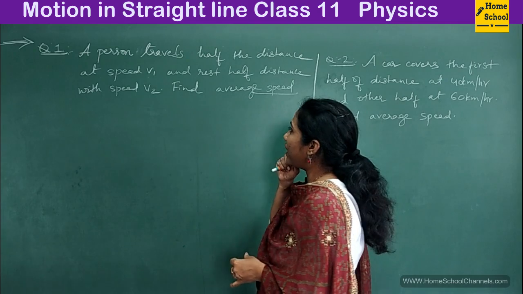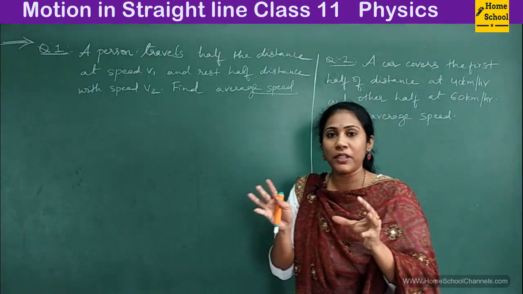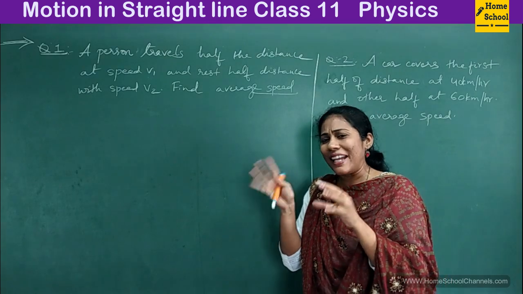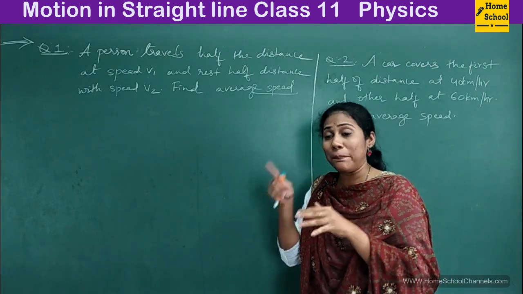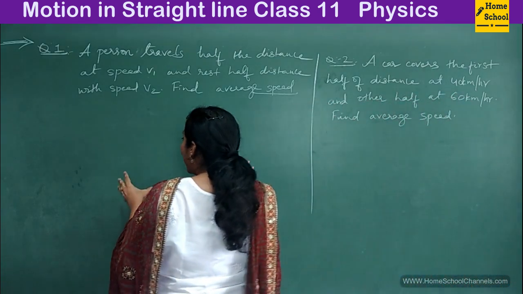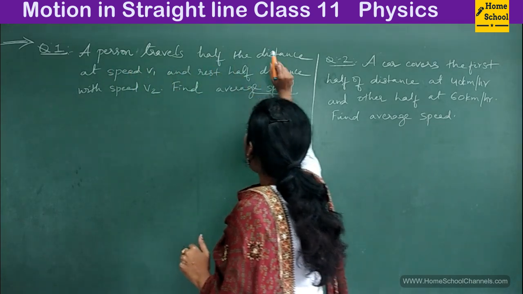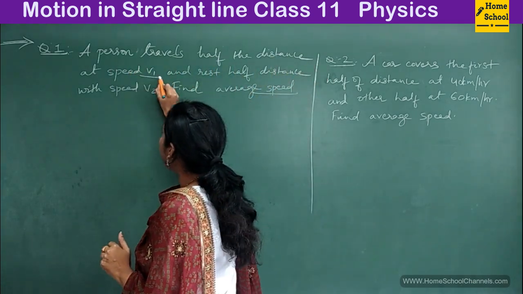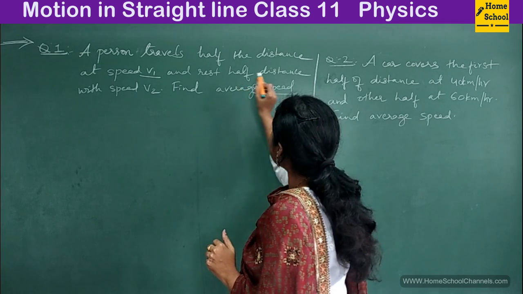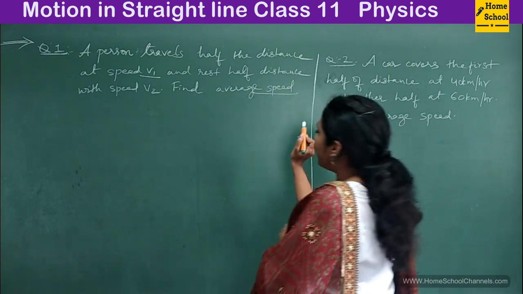Observe the first question, guys. Actually, from this question, we are deriving one formula. That formula can act as a shortcut to apply for many other questions. So let us try to get that particular formula. A person travels half the distance at speed v1 and the rest half the distance with the speed v2. Find average speed.